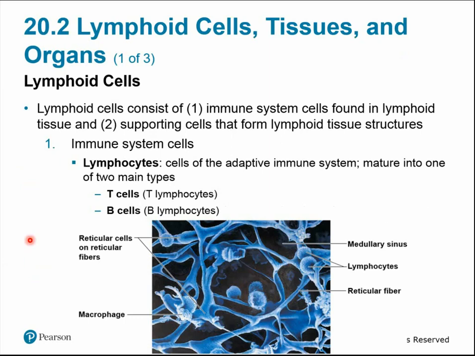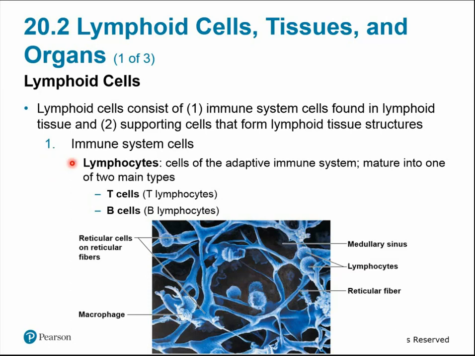Okay, so looking at some cells involved in the lymphatic system. These are primarily immune cells and supporting cells. The immune system cells involved with the lymphatic system include the lymphocytes. Lymphocytes are in the lymphatic system, but they're also in the immune system.